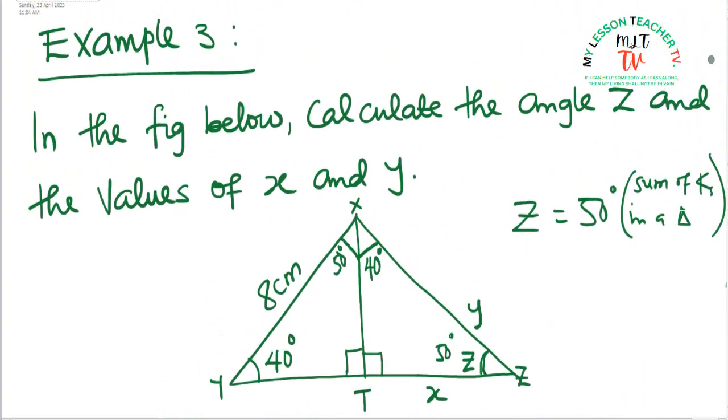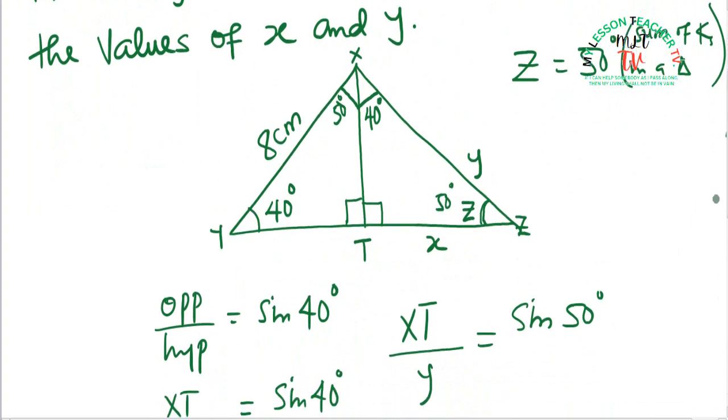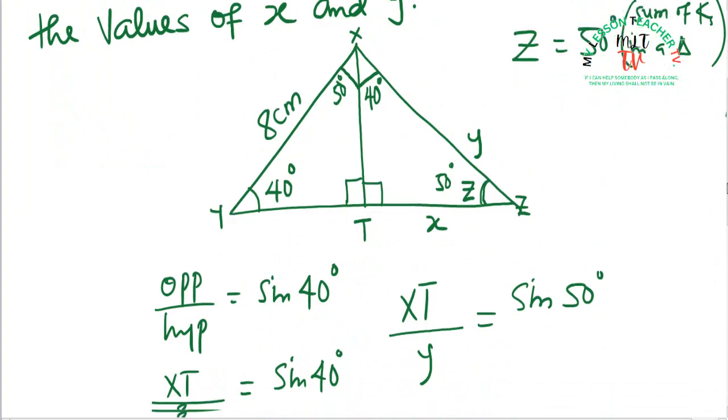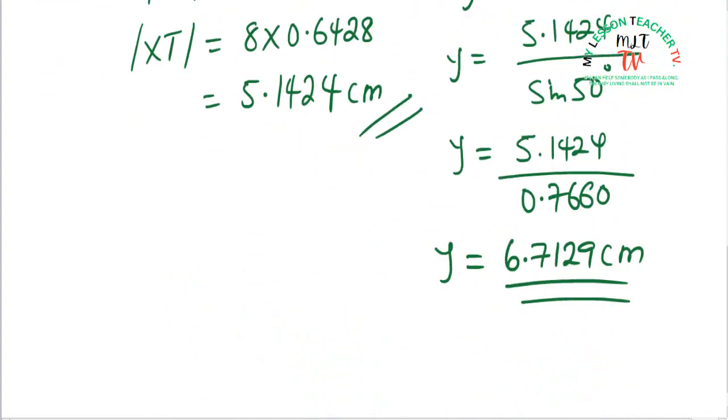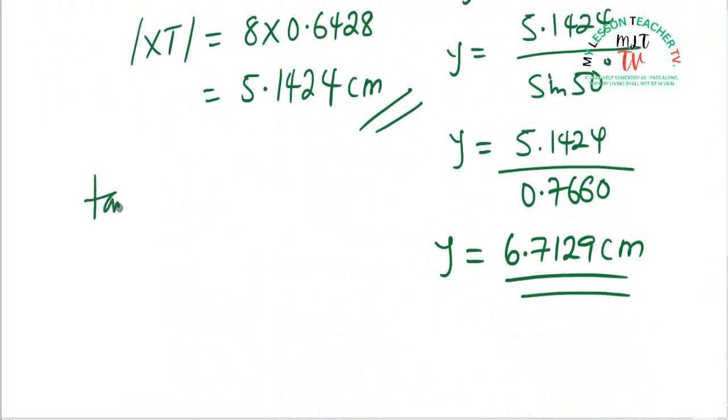Now, in order for us to get our value for x, we shall also use one of the trig ratios that involve x, either x and y or x and side xt. The ratio of the opposite side to the adjacent side is tan with respect to 50 degrees. So I'll have it that tan 50 degrees is equal to the ratio of xt to side x.